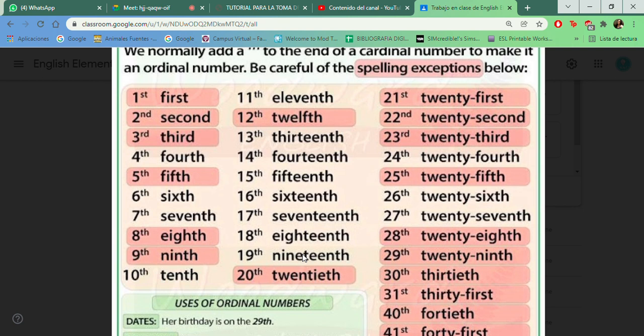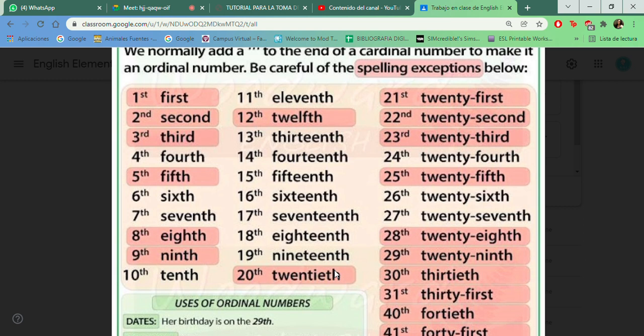TH. The TH, right? The sound. 3, sing, bathroom. So it's 11th, 13th, 14th, 15th, 16th, okay? It's not 16, right? It's 16th.